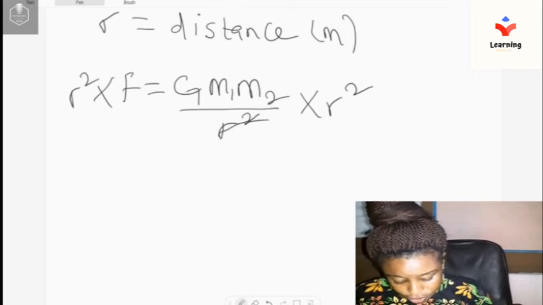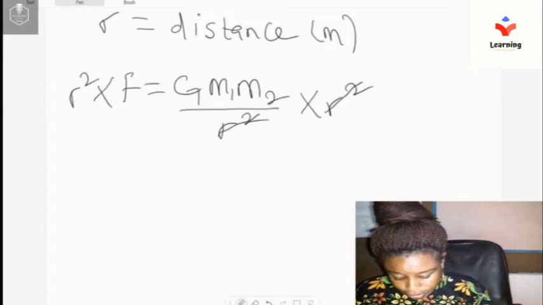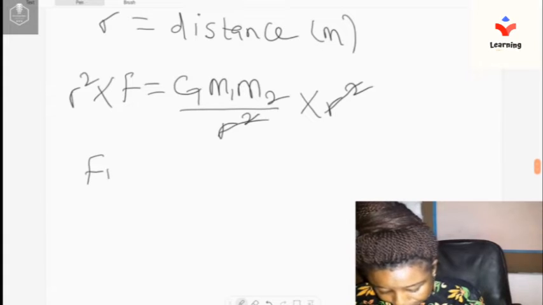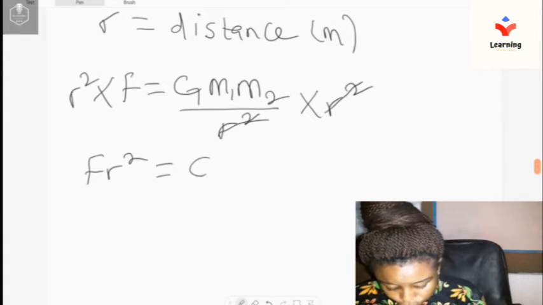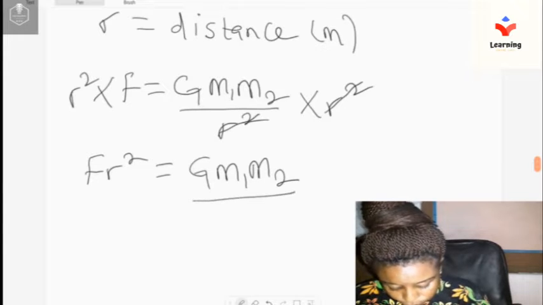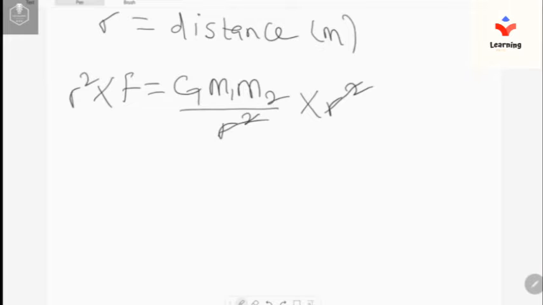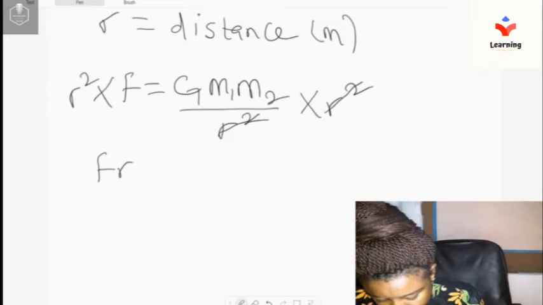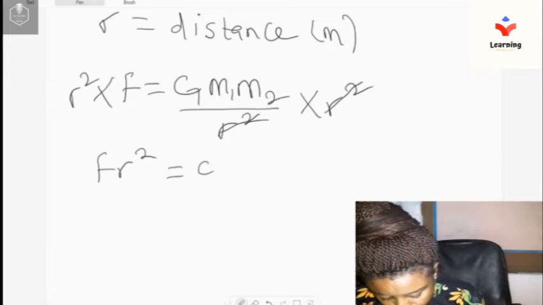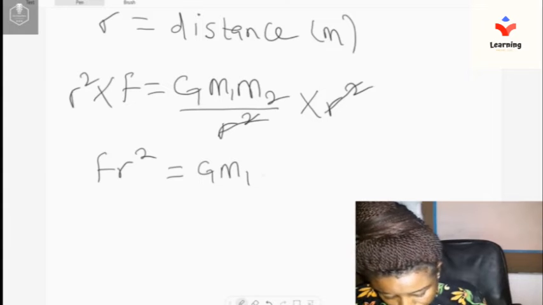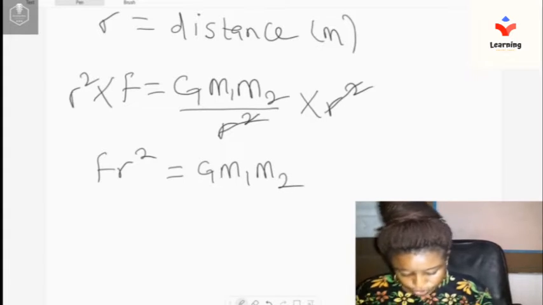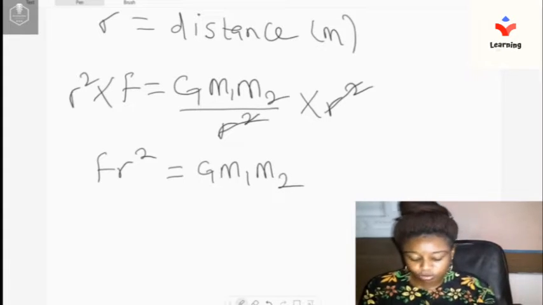This r squared will cancel this r squared, leaving behind F r squared equals G m1 m2. Don't forget that it is G that we want to make the subject of the formula.